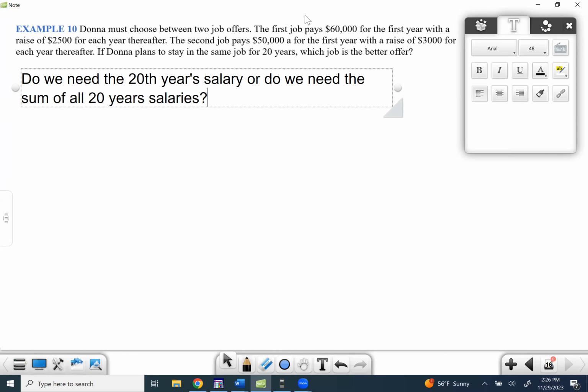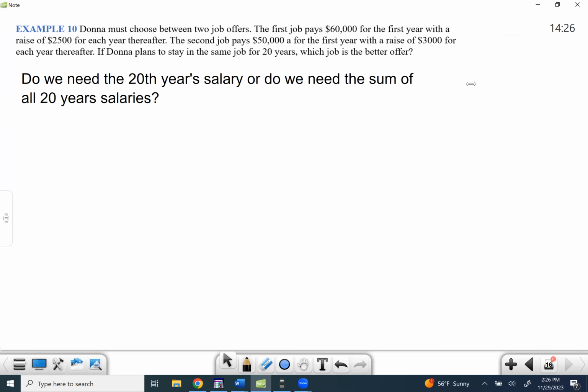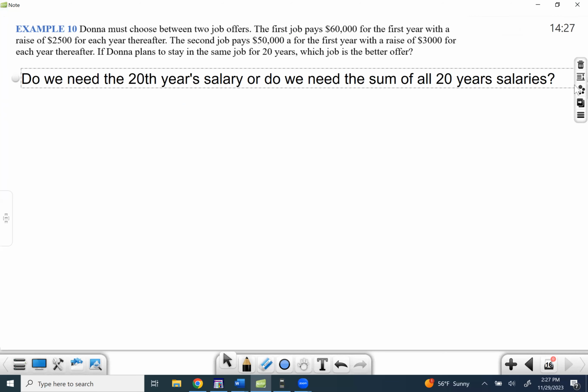And that's what I would labor over for a second. So it just says which job is the better offer. Well, I don't think just finding how much she's going to be making that last year is going to tell me which job's the better offer. I think the one that's going to give her the most money overall throughout all of the years is the best. So my answer to this question is we should find the sum of all 20. Okay.